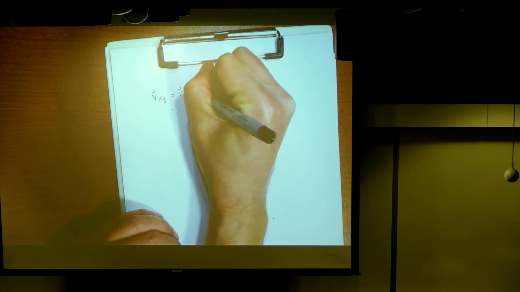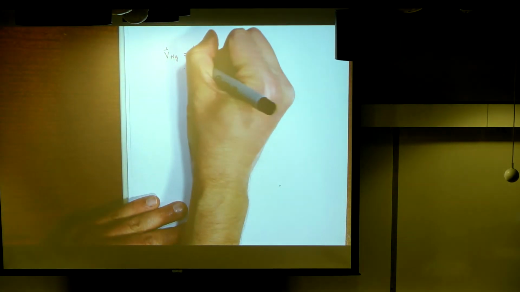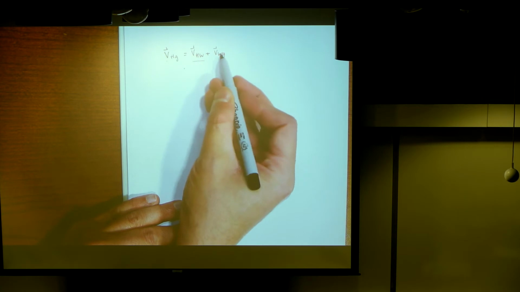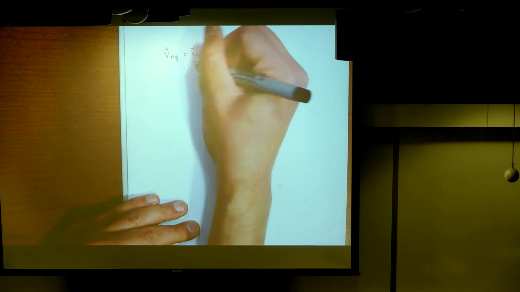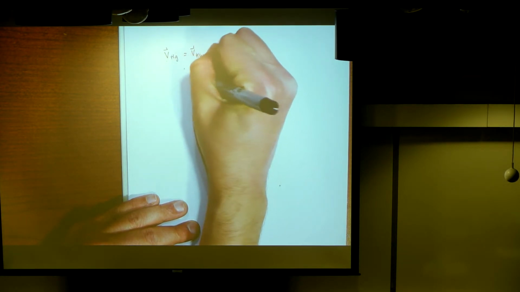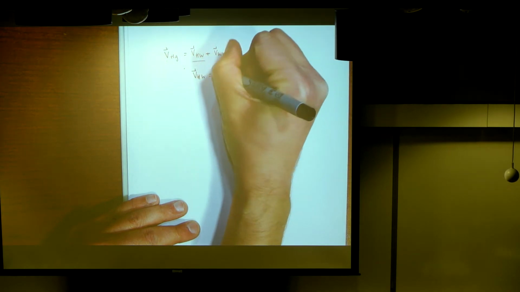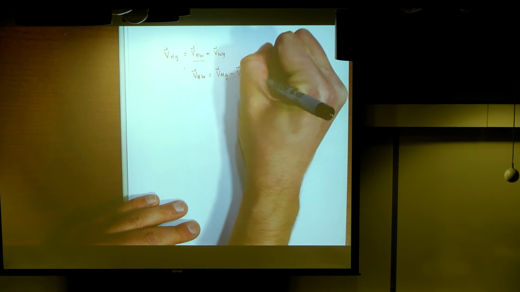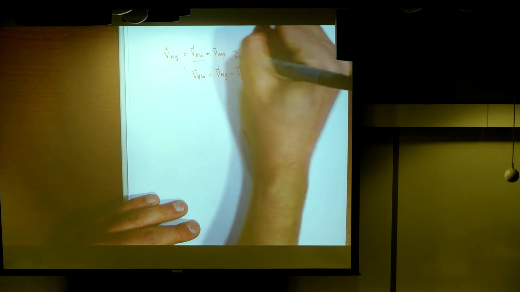So hopefully you understand what these vectors mean now, okay? The one we're trying to solve for is, again, this one, VHW. So the simplest thing I could do is just rearrange the equation by subtracting this vector from both sides. So I have VHW equals VHG minus VWG. Okay, just a simple rearrangement.